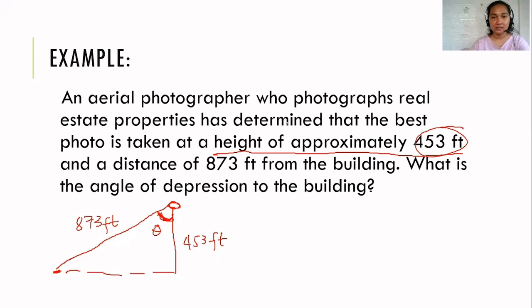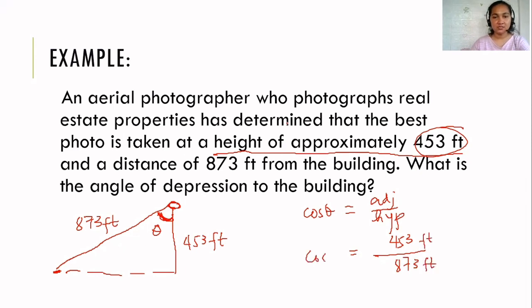Cosine theta is equal to adjacent over the hypotenuse. The adjacent side is the height of that camera above the ground, 453 feet, and the distance between the camera and the building is 873. Both are in feet.